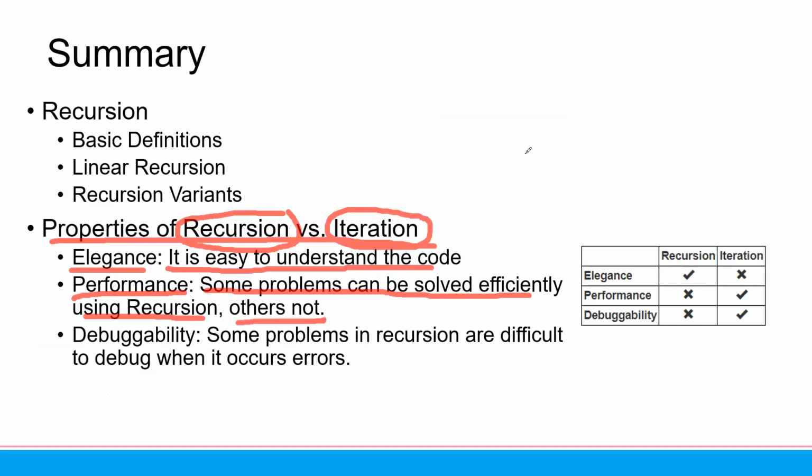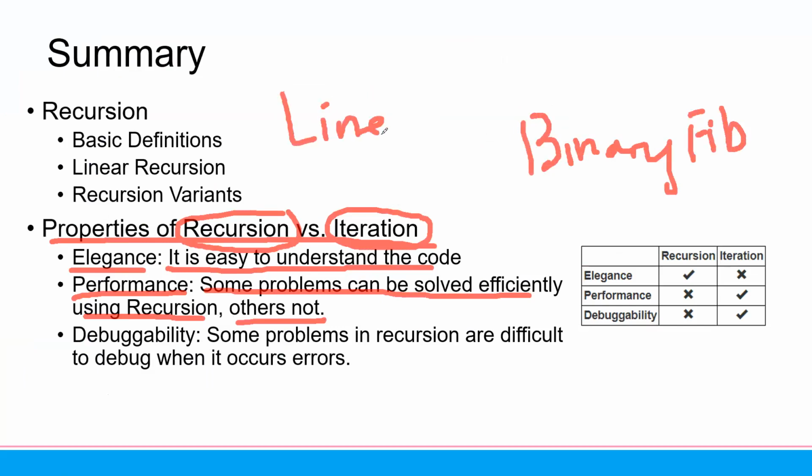So the binary Fibonacci, what you saw before, is not good. But with the linear Fibonacci, you can have the linear solution, or O(n). And for some other things, you can also use recursion and the performance might be better.